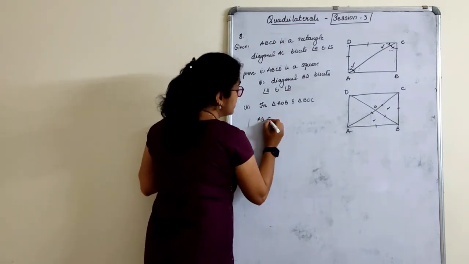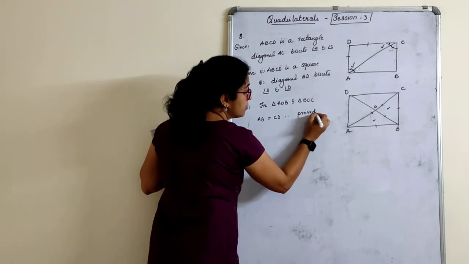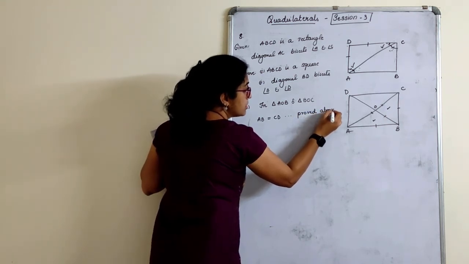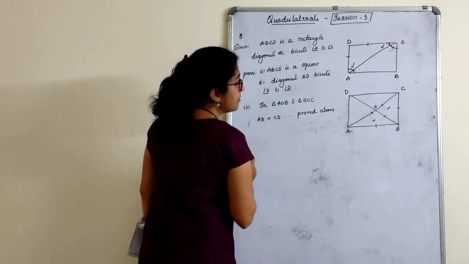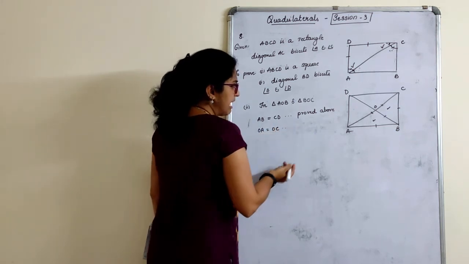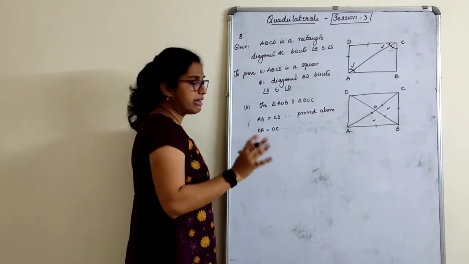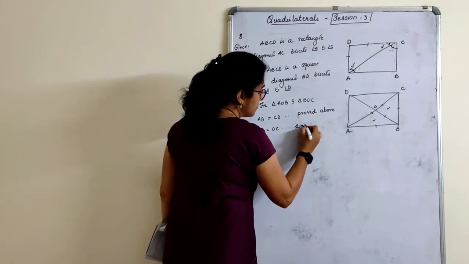So AB is equal to BC. Reason: proved above. Because it is a square, children; using a rectangle, we can't do that. Then OA is equal to OC. Diagonals bisect each other in a square and also in a rectangle, it doesn't matter.